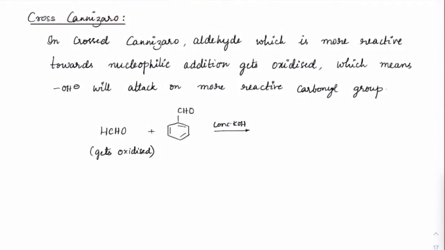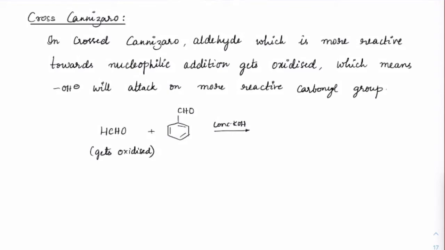In cross Cannizzaro, the nucleophile will always attack the one which is more reactive. Suppose you take benzaldehyde and formaldehyde, you know that formaldehyde is more reactive for nucleophilic addition. So this will get oxidized. Okay. And the hydride shift will happen from formaldehyde to benzaldehyde. Okay. So that is a point you need to be careful with.